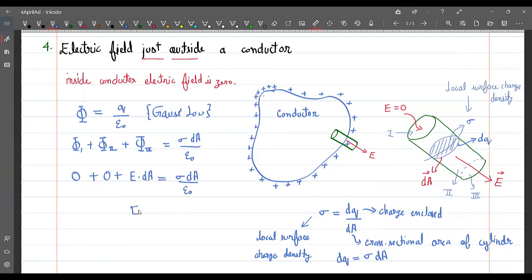So from here, E dA is equal to sigma dA by epsilon naught. That is, electric field is equal to sigma by epsilon naught. So see, electric field only depends on the local surface charge density. There it was sigma by 2 epsilon naught. Here it is sigma by epsilon naught. Any questions over here?